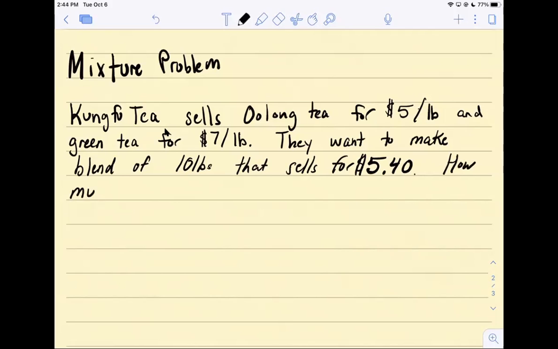Oh, sorry. And instead of a 10-pound blend, I'm going to make it a 20-pound blend that sells for $5.40 a pound.